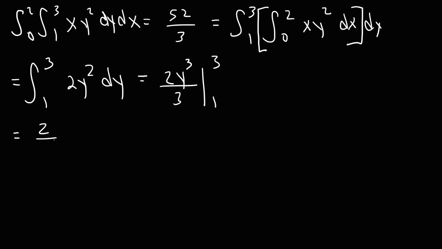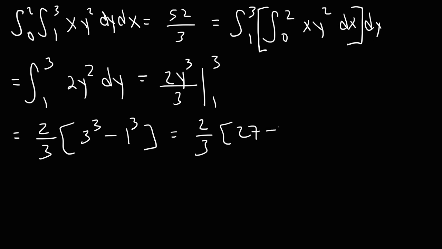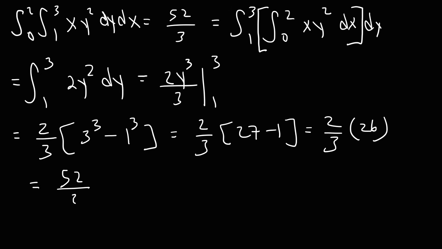So let's take out the constant, which is 2 over 3, and then let's replace y with 3, and then replace it with 1. So 3 to the third is 27, 1 to the third is 1, so this is going to be the same thing. 27 minus 1 is 26, and 2 times 26 is 52. So this gives us the same answer of 52 over 3.